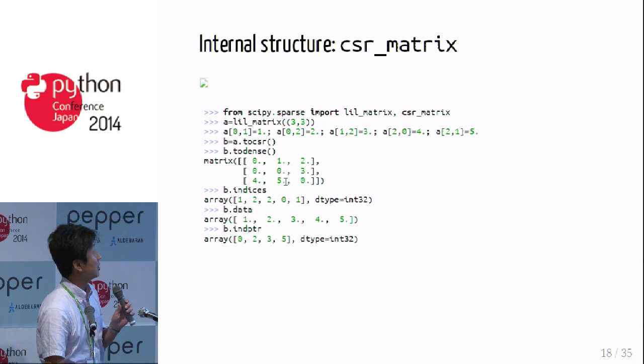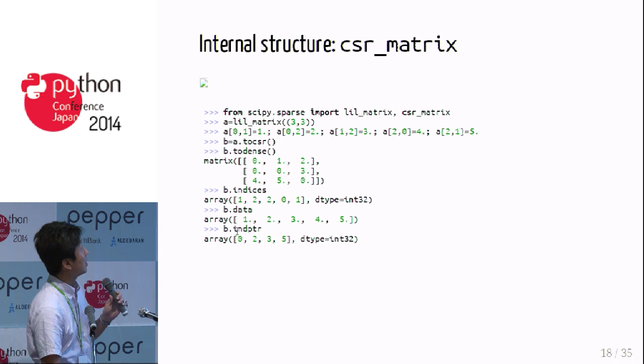So the attribute data has these values. The attribute indices means which column each element belongs to. 1 belongs to column 1. Column starts from 0. So 1 is in column 1, 2 is in column 2, and 3 is in column 2, and 4 and 5 are in columns 0 and 1.